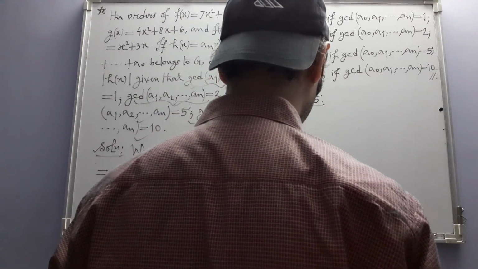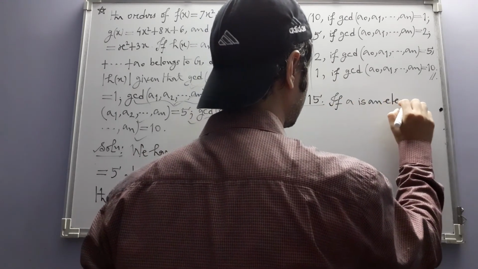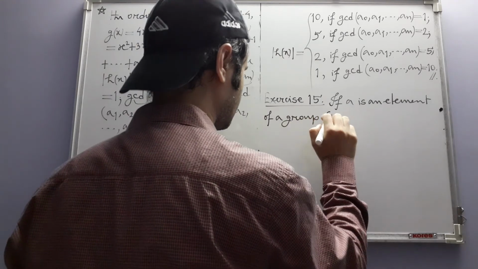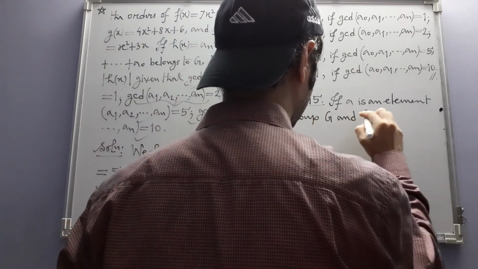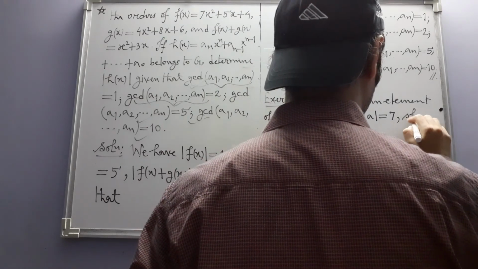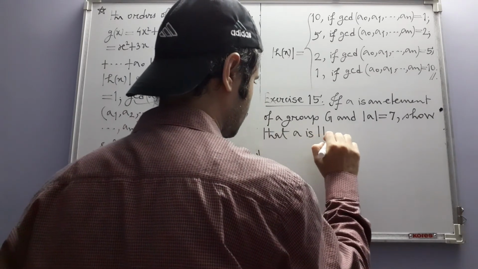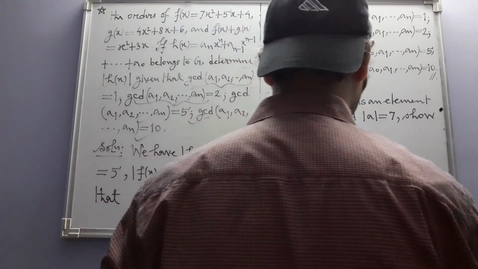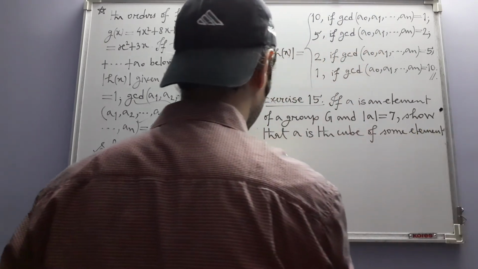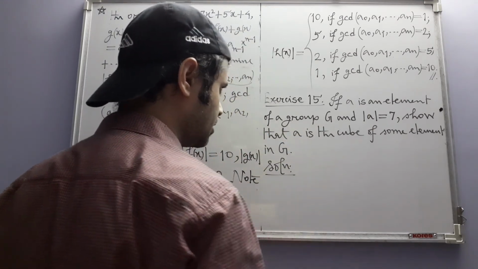If A is an element of a group G, and the order of A is 7, show that A is the cube of some element in G. So we have a group and in it we have an element of order 7.